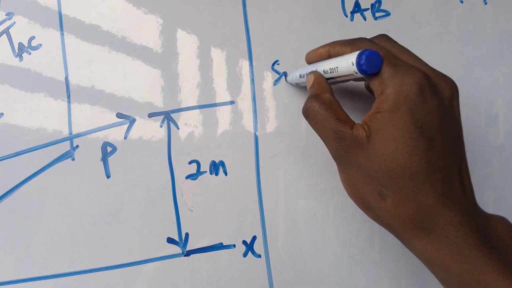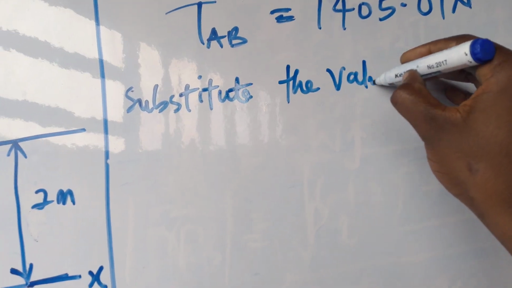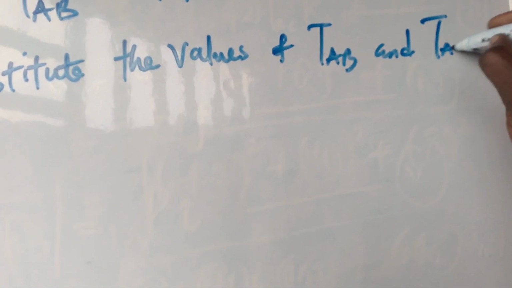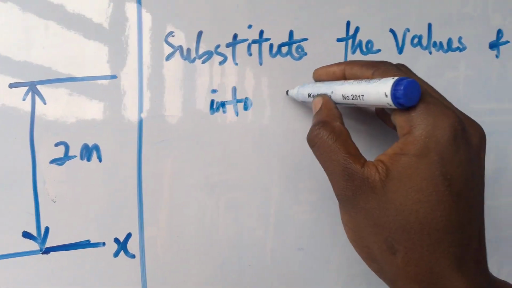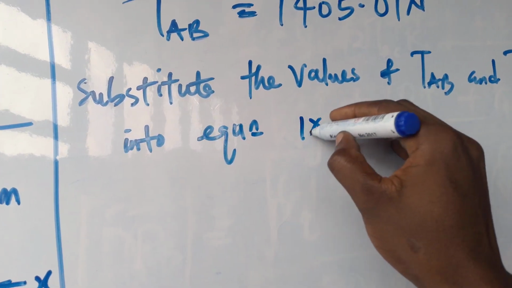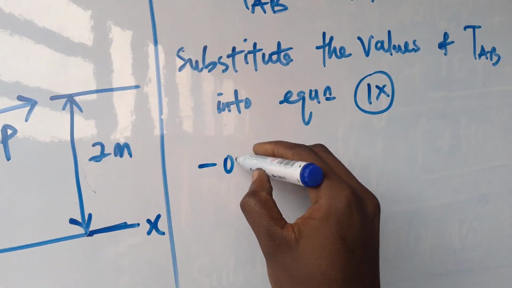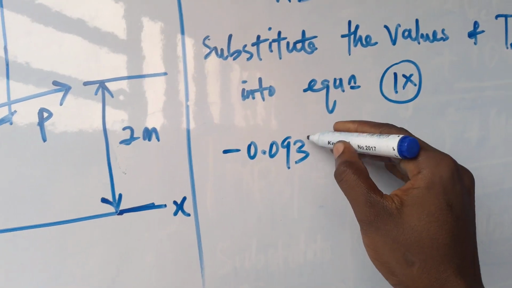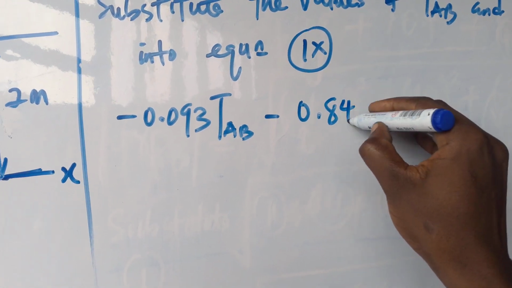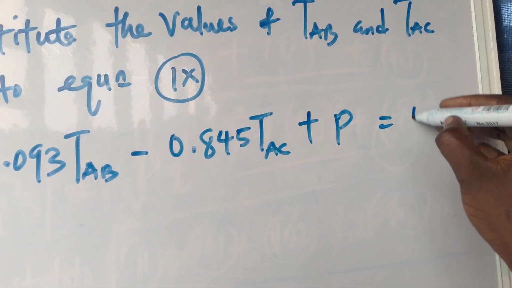Alright. Okay, then I can look for the force P. I say substitute the values of TAB and TAC into equation 9. Okay, and remember that equation 9 is minus 0.093 TAB minus 0.845 TAC plus P is equal to 0.